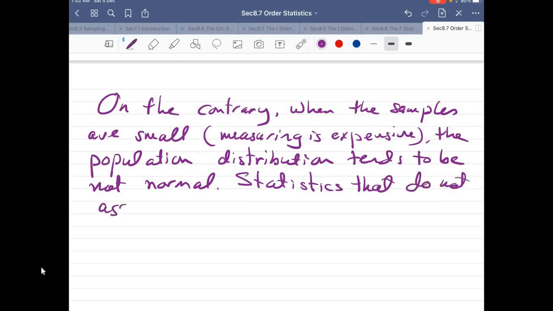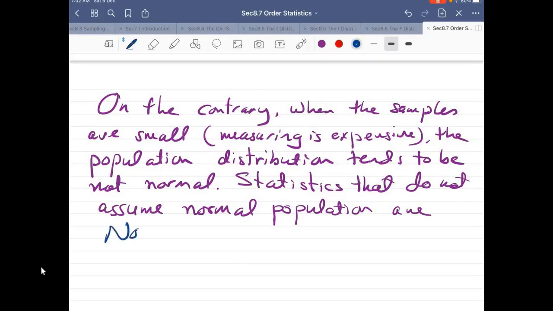Statistics that do not assume a normal population are called non-parametric statistics. The statistics that are based on a normal population are called parametric, and the ones which do not assume normality are called non-parametric.